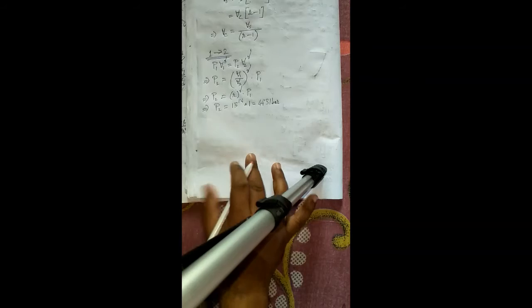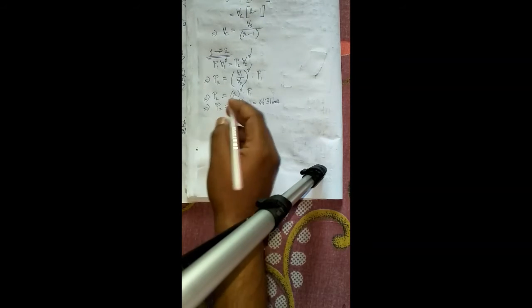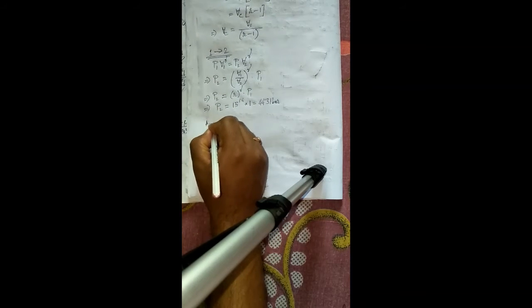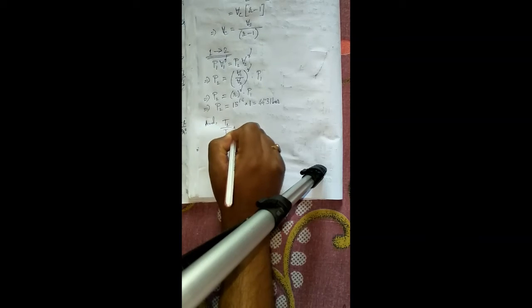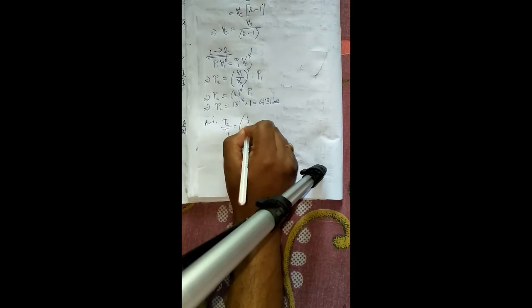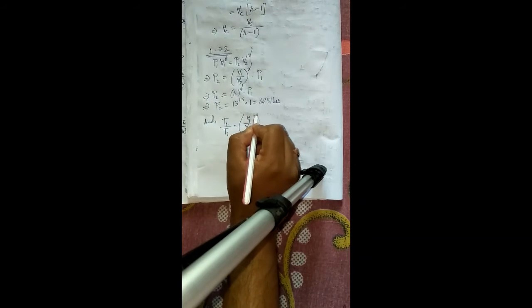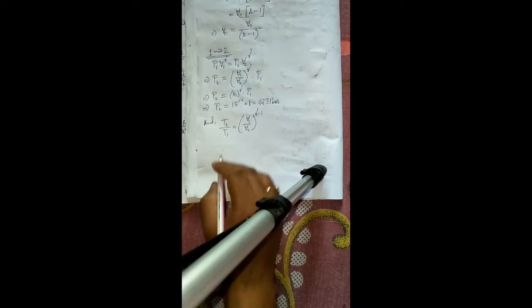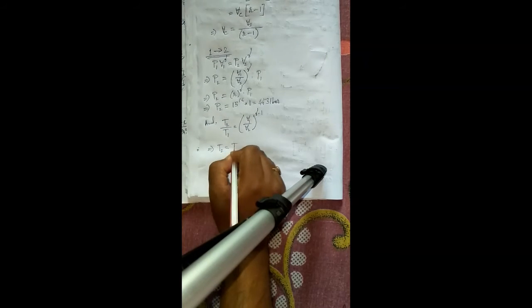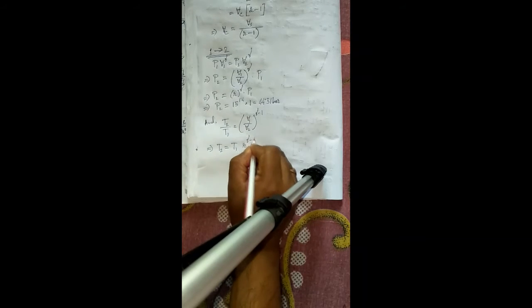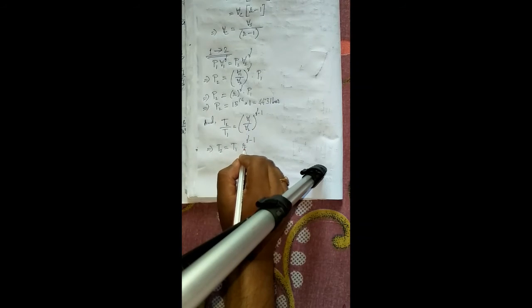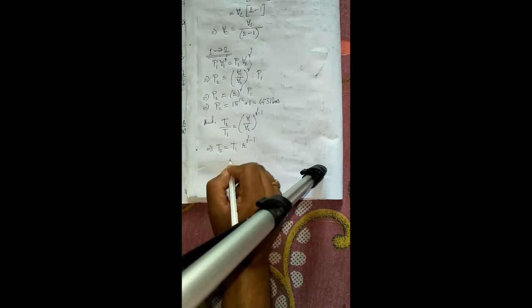Next, the temperature and volume relation: T2 by T1 is equal to (V1 by V2) to the power gamma minus 1. So T2 equals T1 into r to the power gamma minus 1.